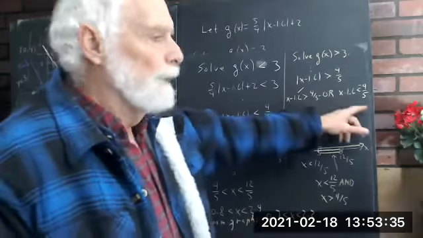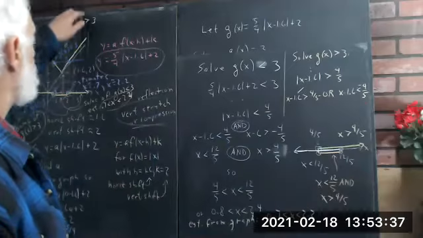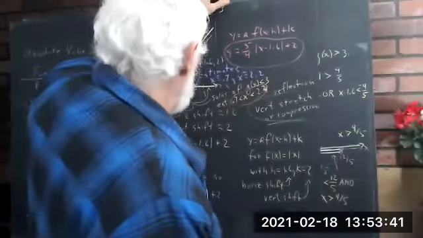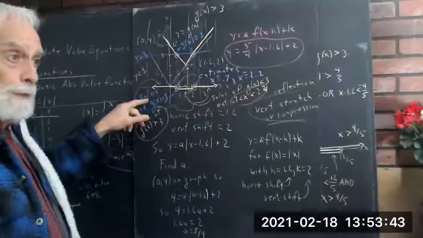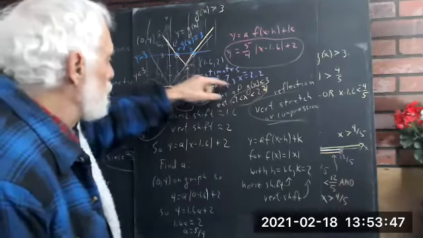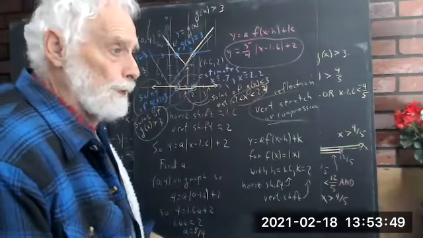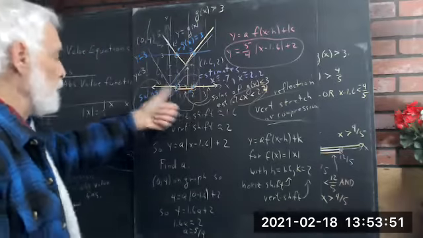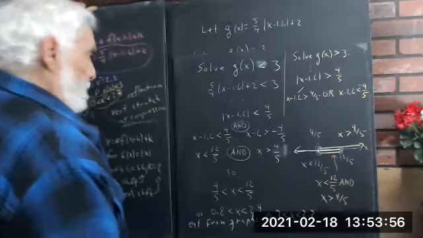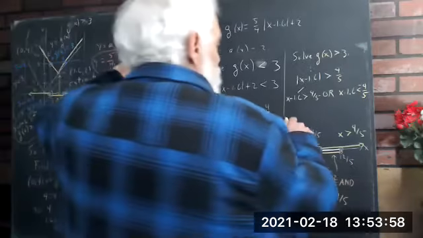Okay, so if you solve these inequalities, what you will get, and you can read it from the graph, our estimate is the interval greater than 2.2 or the interval where x is less than 0.7.